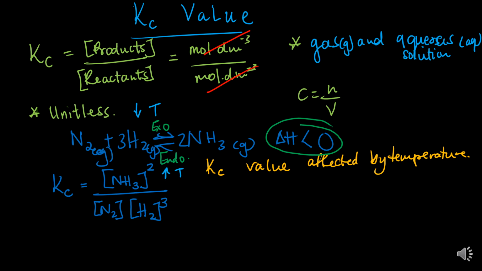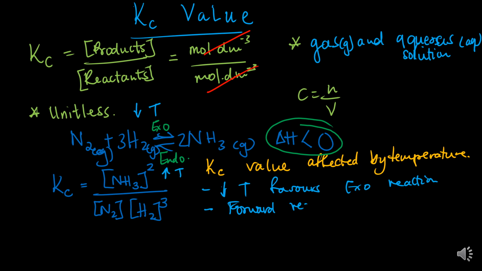So how does the Kc value get affected? For instance, if I make a decrease in temperature, which is going to favor the exothermic reaction, then what is going to happen? In this instance, the forward reaction is favored, right? You must specify it would be the forward reaction that is favored.